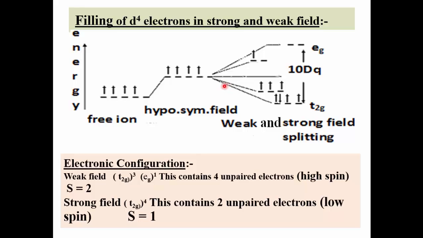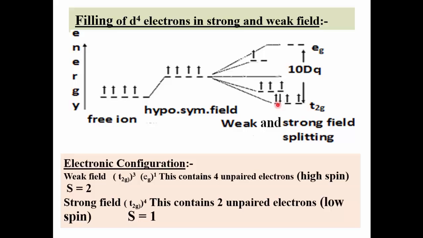Now there is a change in the strong field complex. See, out of 4 electrons, 3 go into the t2g orbital: 1, 2, 3. The fourth electron does not enter the eg orbital, but pairs up in the t2g orbital, because the 10 dq value is higher. The fourth electron is not able to enter the eg orbital because the field is strong.